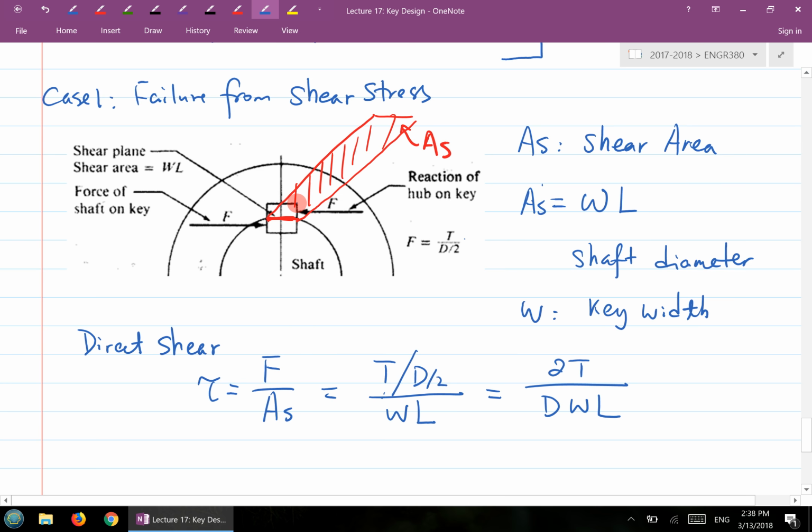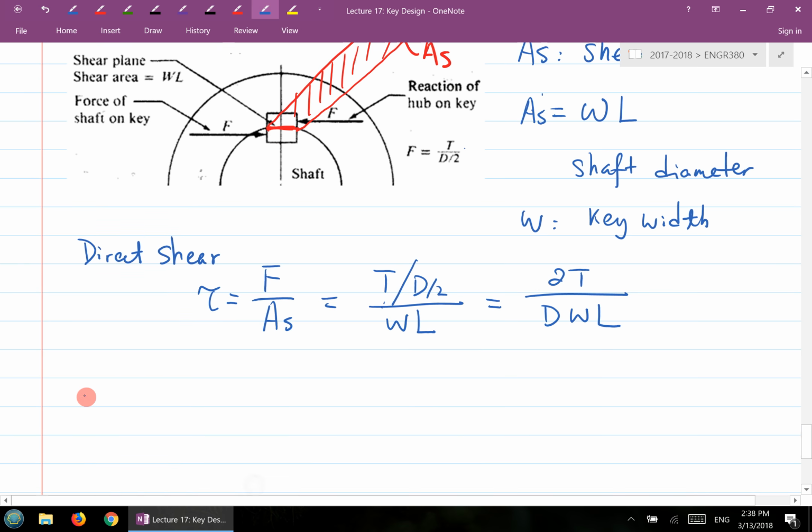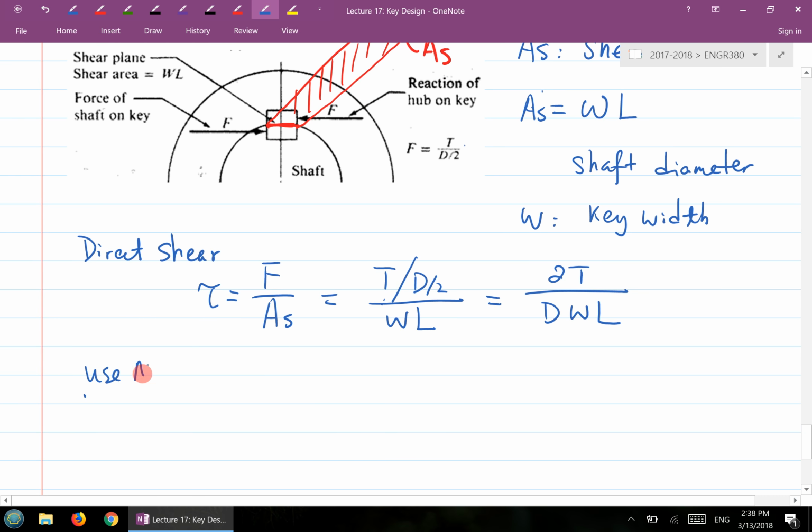Now I'm going to use the maximum shear stress theory for the calculation. The maximum shear stress theory says the safety factor equals 0.5 SYT over the maximum shear stress.